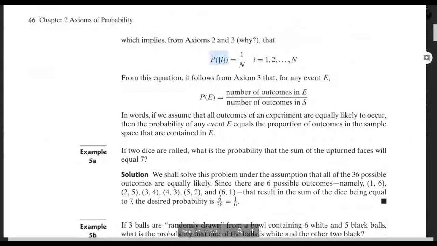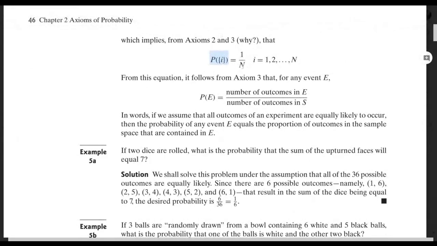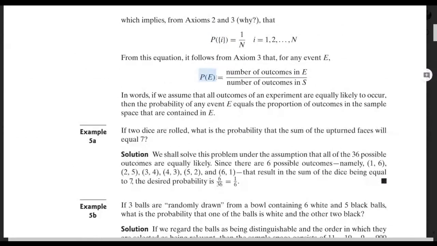Which means the probability of choosing any member in the set equals 1 over n, because we have n members in the sample space. So the probability of any event E equals the number of outcomes in E divided by the number of outcomes in S, right? Probability is always a part of something over the whole thing.